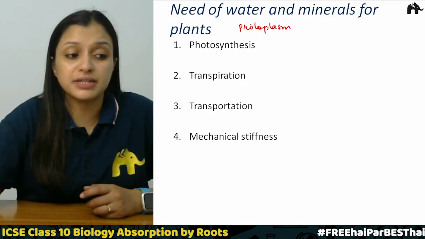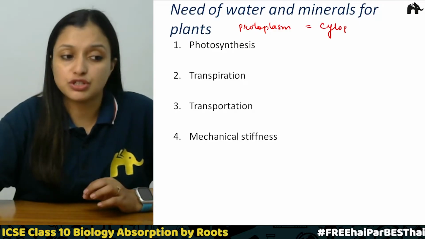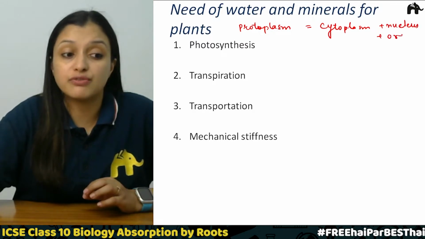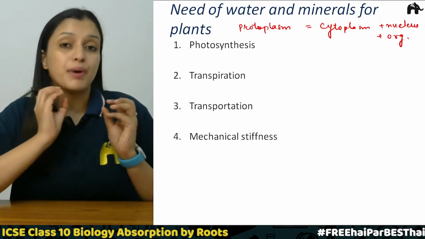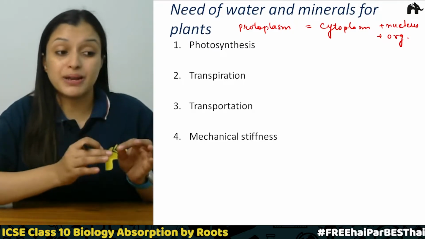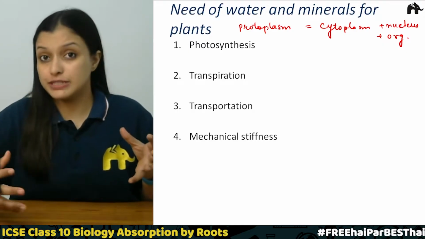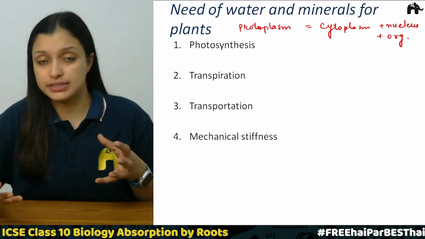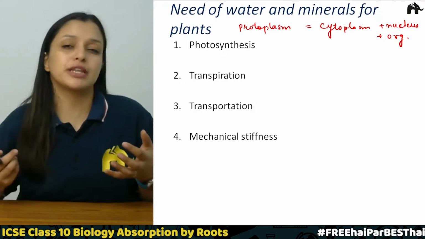So protoplasm is the living content which includes cytoplasm, plus there will be nucleus, and what else, there will be cell organelles. So all these are part of the protoplasm. So protoplasm has a lot of water, but except for this part of the cell, a plant needs water and minerals, right?